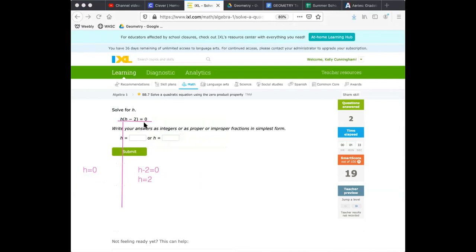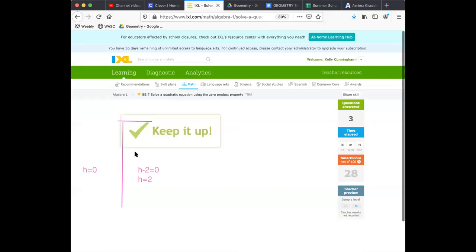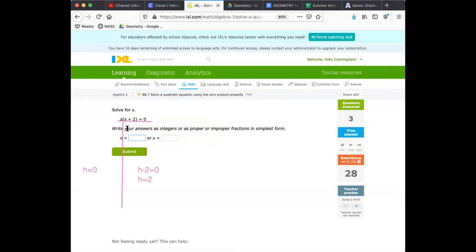Voila. So it'd be 0 and 2. You may get faster and you'd be like, hey, this is just 0. When you just see a variable by itself, that answer's 0. And the other one would be the opposite, so that would be negative 2.